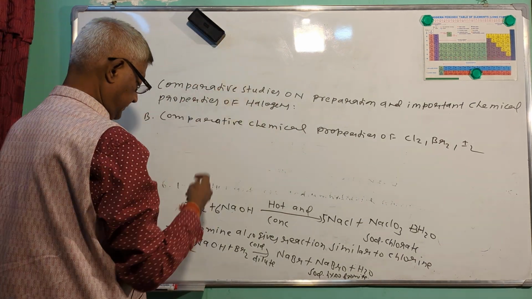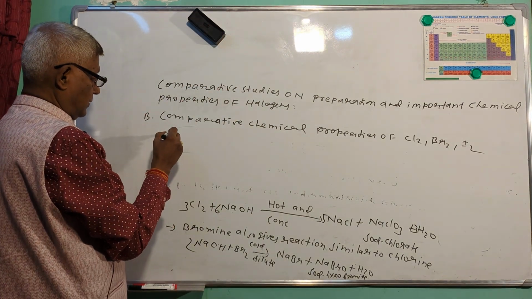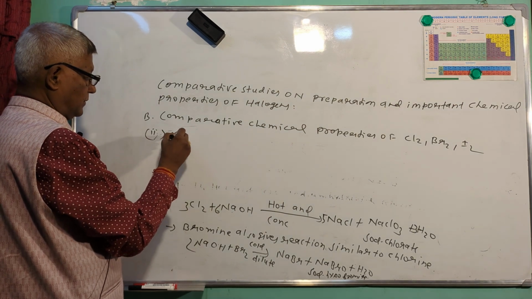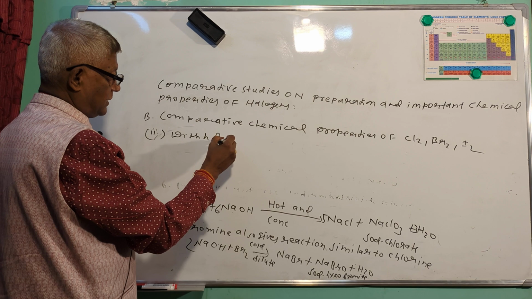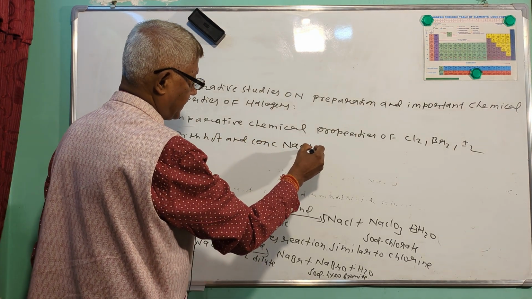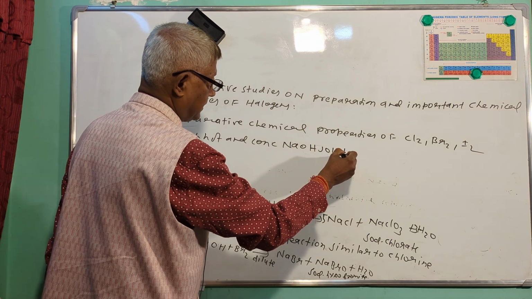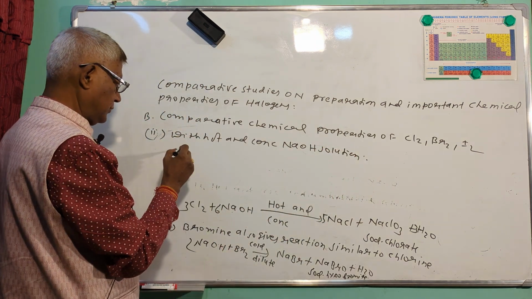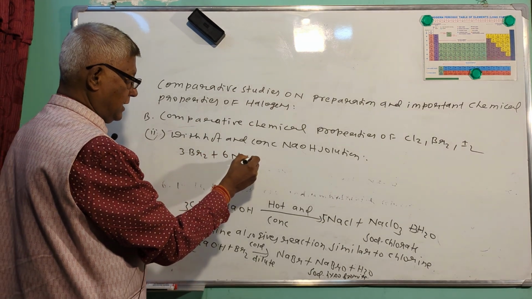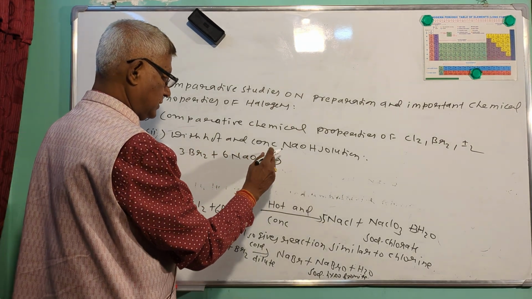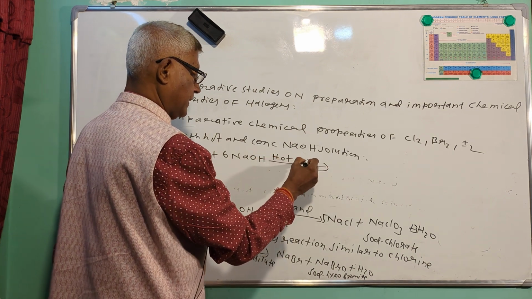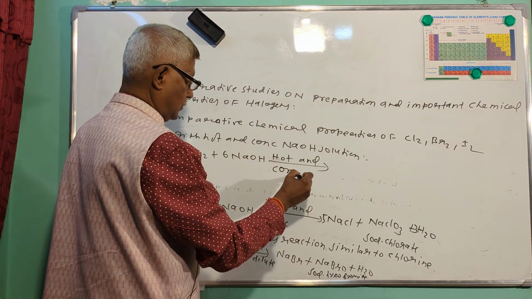Next one is with hot and concentrated sodium hydroxide solutions. Only what we have to do? 3Br2 plus 6NaOH. Yes. So what is the condition over here? Hot and conc. What do we have?